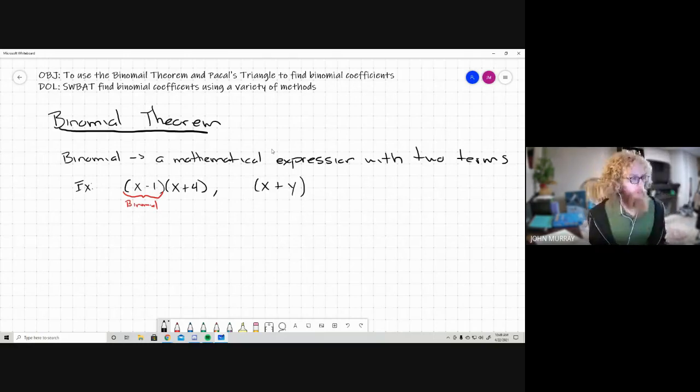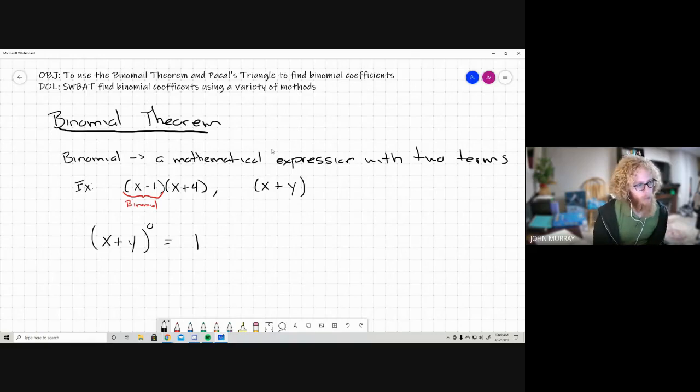So, way back when math was first being invented and discovered, or however you want to put it, they started noticing patterns with binomials, right? And those patterns came from raising them to certain powers.